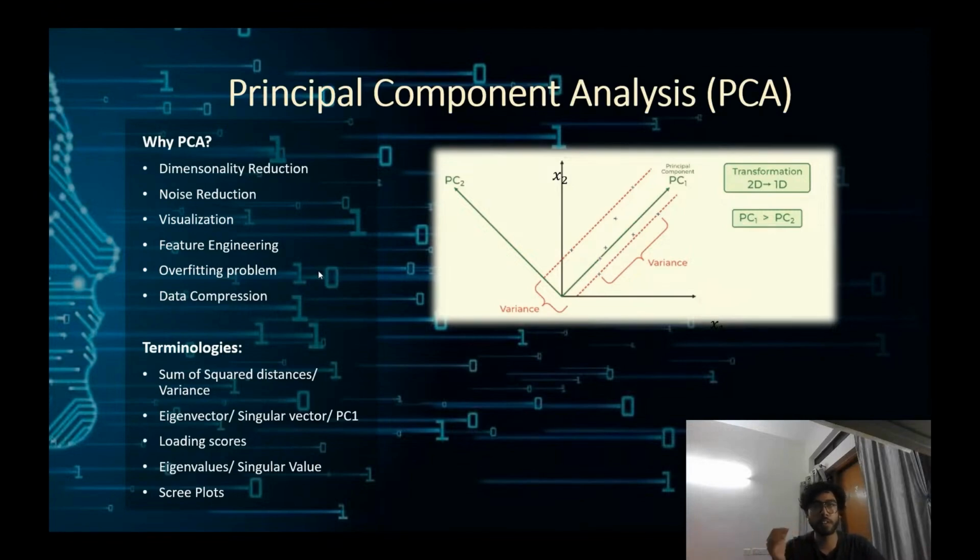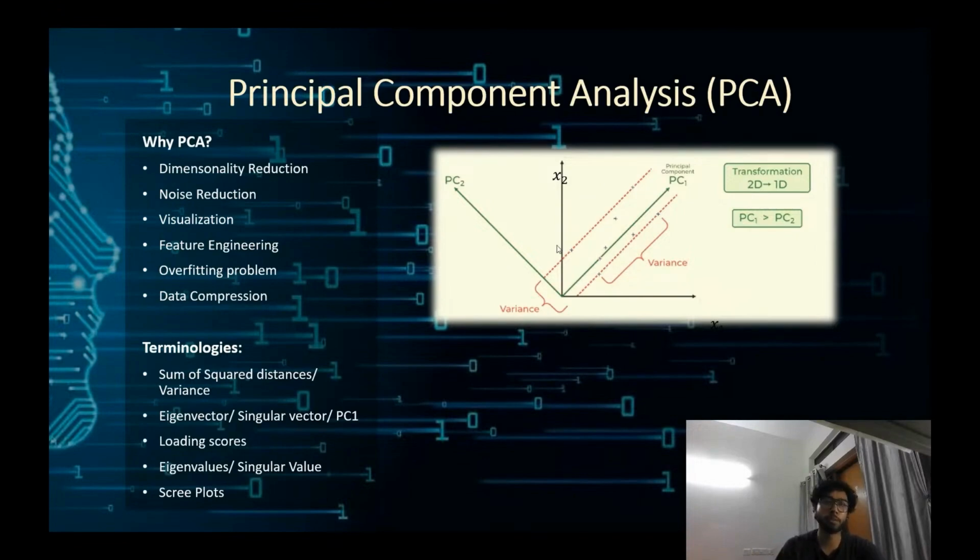Whenever you have signals, you will have some noise component to it, right? So this PCA is a very powerful tool to denoise the signal, right? And it has been used in many applications, right?